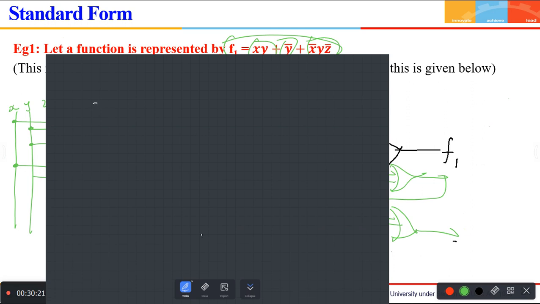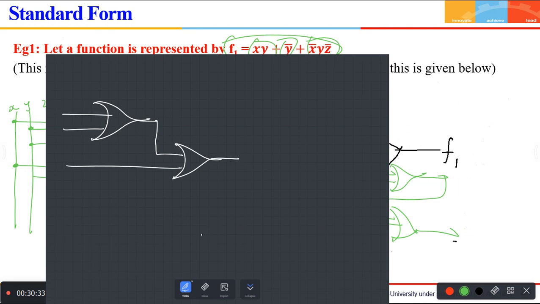See, this is 3 input, this is your OR, right? See here, this you are going to give it to another gate. You are going to take this. This is what actually your 2 input. This is 3 input OR gate, but assume that 3 input OR gate is not available. You are going to implement it with the 2 input OR gate. Right? Okay. Now, can you replace it with the NAND gate?